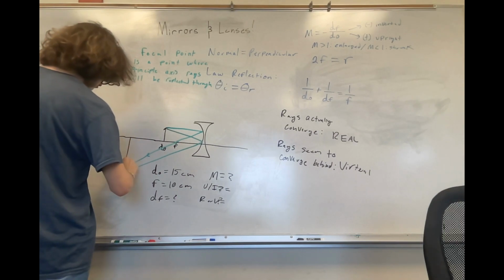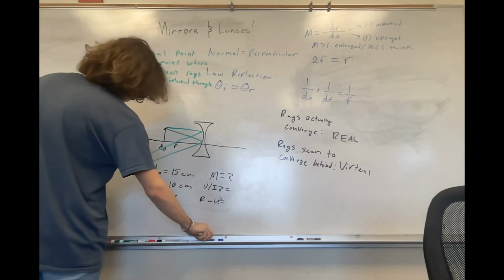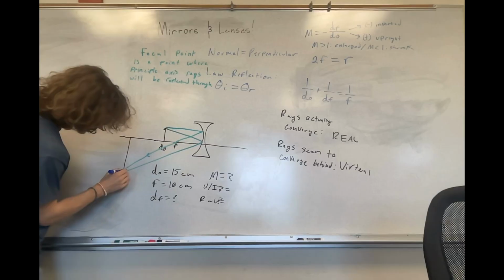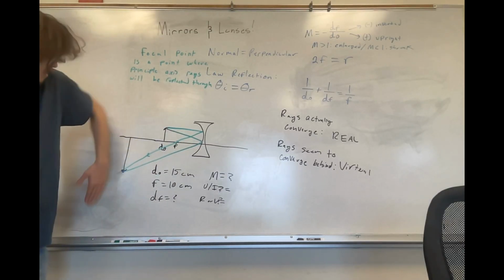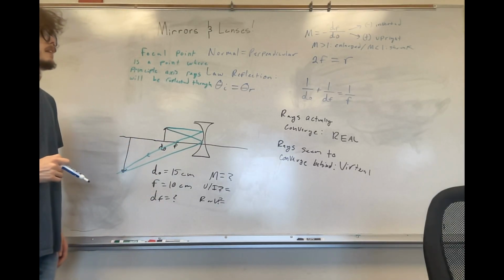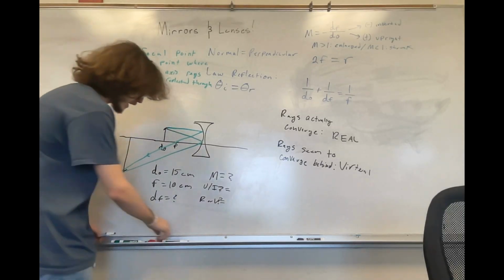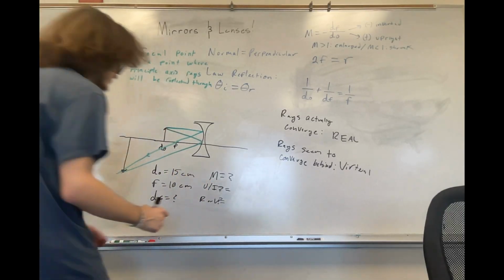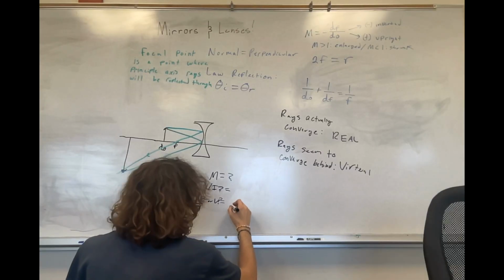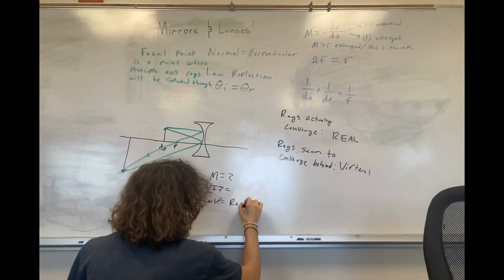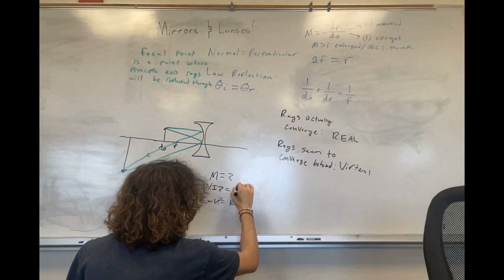It seems to be inverted, right? Because the rays are converging to a point, say right here, and the image is upside down. Okay, so we can actually go ahead and answer real or virtual. This is going to be a real image. It is inverted.